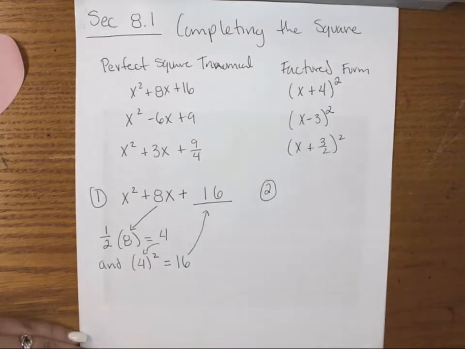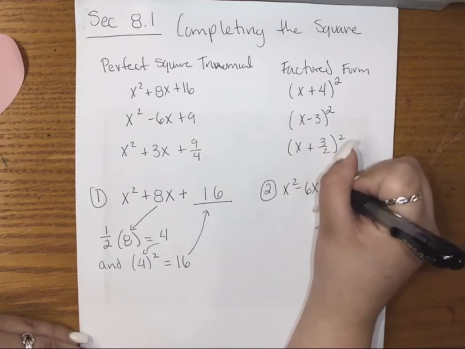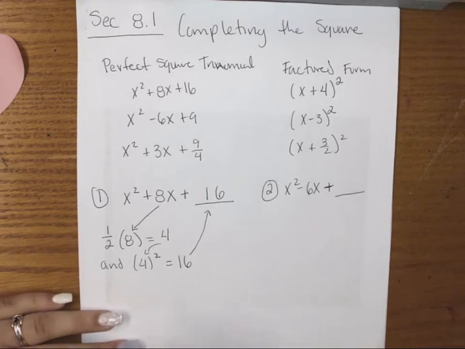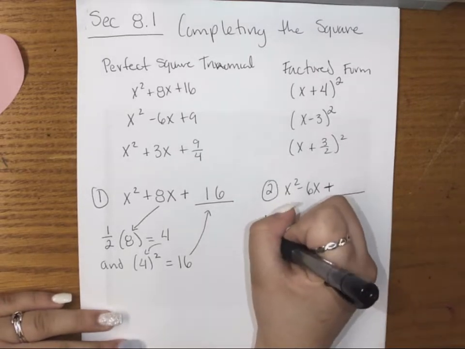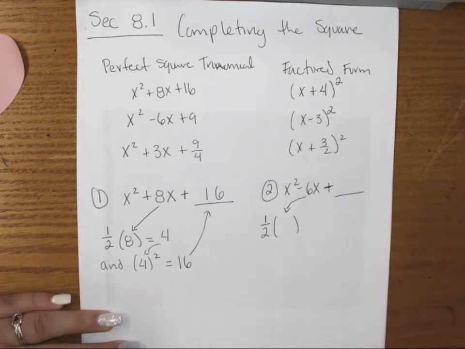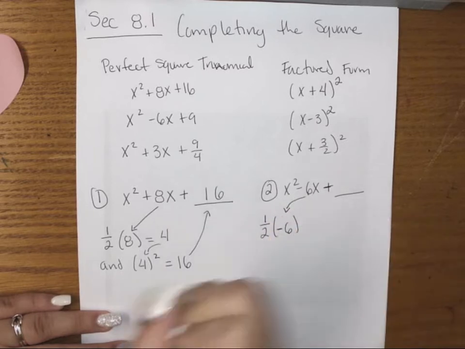Let's look at another example. If we have x squared minus 6x, and we need to add a number to make it a perfect square trinomial, the number you add is always half of the number in front of x. In this case, the number in front of x is negative 6.